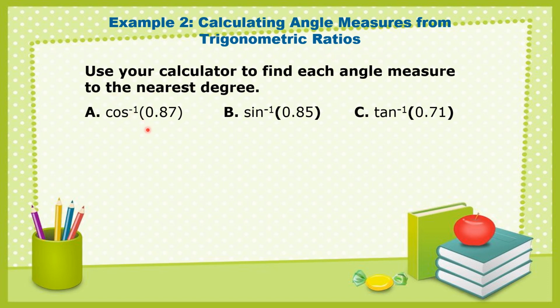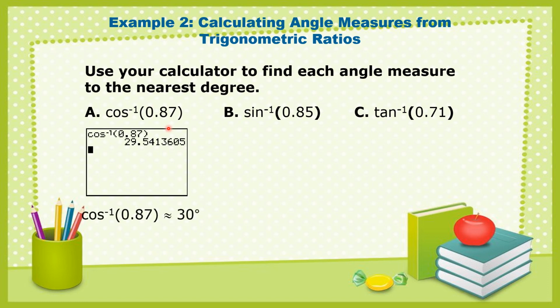So using our scientific calculator, inverse of cosine. In our scientific calculator, what we press to get the inverse of cosine is shift. Look for the shift key on your calculator, then press cos, then 0.87, then equal. The answer that should come out is 29.5413605.